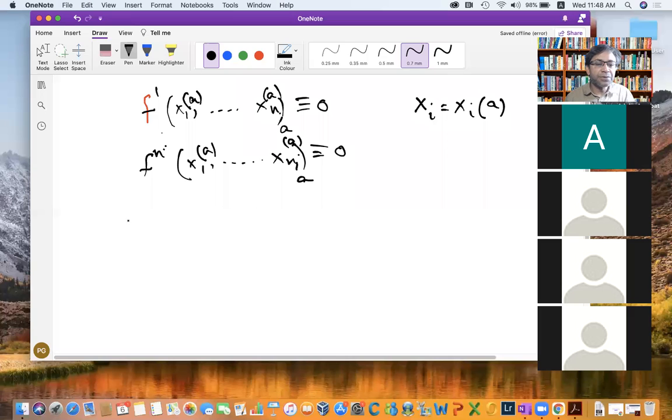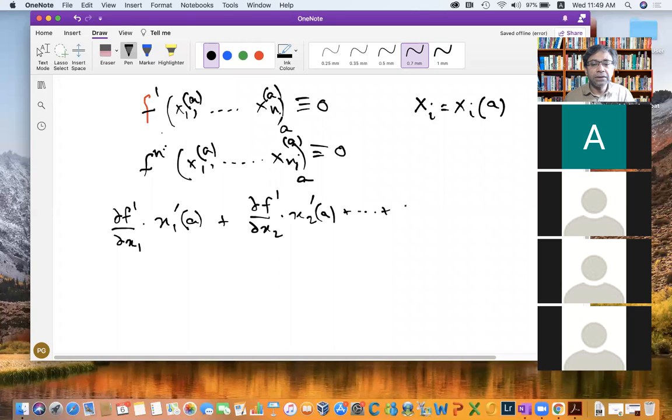If we differentiate with respect to A, we get del F1 del X1 times this derivative, plus del F1 del X2 and this derivative, and so on, del F1 del Xn times this derivative, equals 0, right?